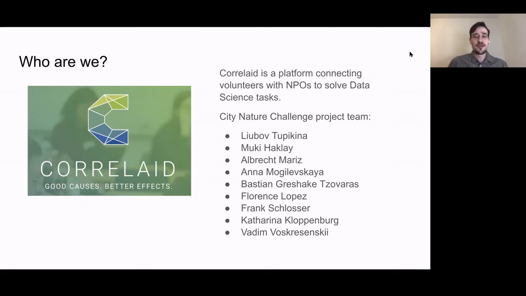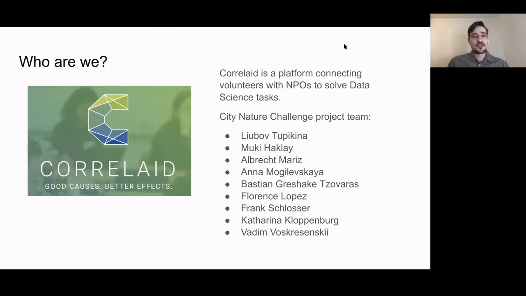It's a big organization and there are different projects, and for each project and each NPO, there's a team that's assembled. These are the people that are part of the City Nature Challenge team. Some of those will present today, and many have contributed different individual results.